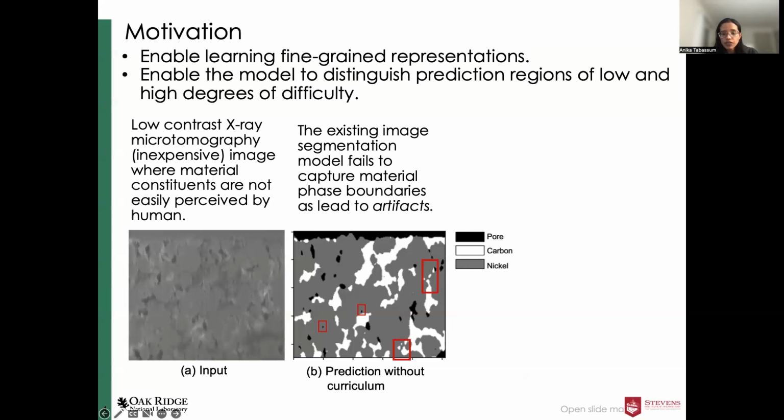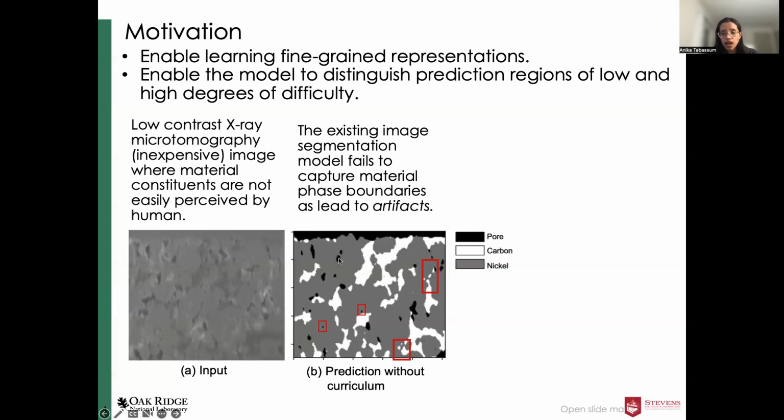These minor artifacts can eventually lead to a high error in 3D reconstructions, and they cannot aid in understanding the battery mechanisms.